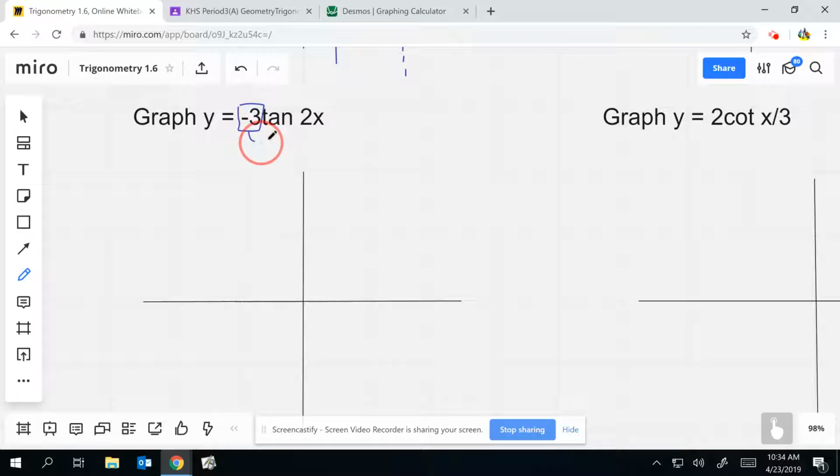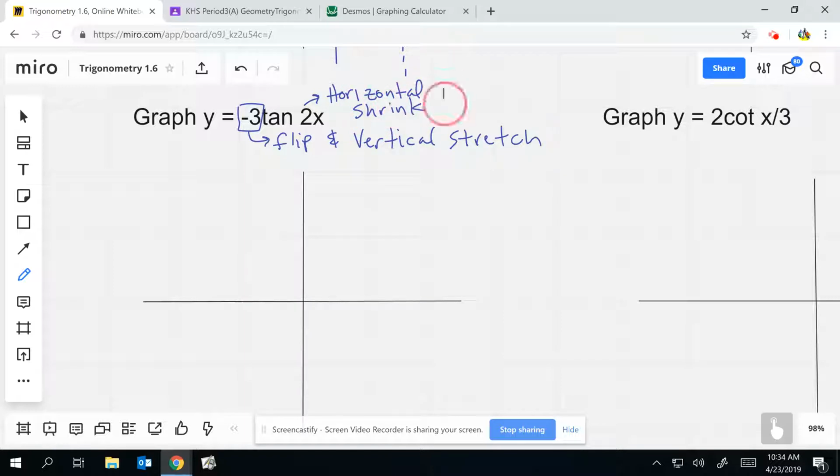This is going to flip and vertically stretch. This 2 right here is going to horizontally shrink it, because b is greater than 1. The absolute value of a is greater than 1, that's why it's a vertical stretch.